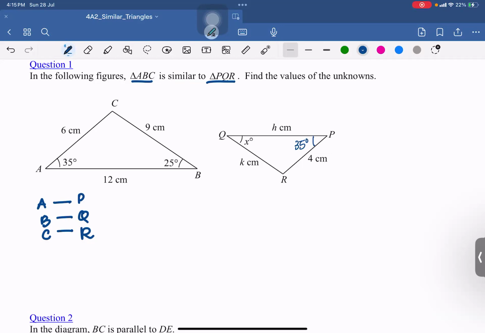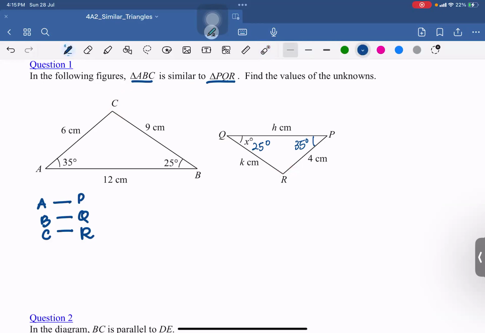Then B matches with Q, and B is X, so in this case, X will be equal to 25 degrees. And last but not least, angle C with angle R. So they are matching.